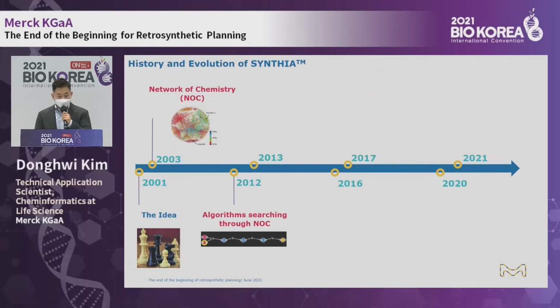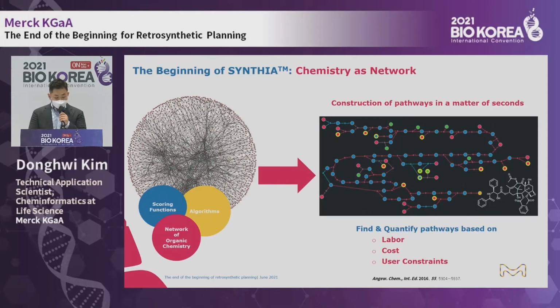So with the best representation chosen, a set of algorithms was created to traverse this new network of organic chemistry. The algorithm can rapidly search the large network of published reactions with user-specified criteria and constraints, known as scoring functions, during the search.